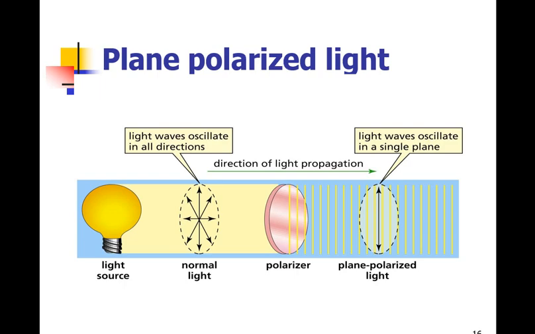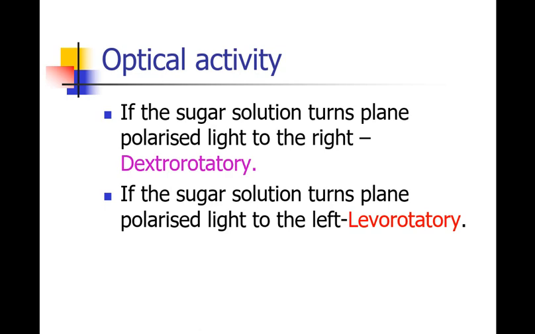When this light is passed through a carbohydrate solution, if the carbohydrate solution turns the plane polarized light towards the right hand side, then it is called dextrorotatory. And if the sugar solution turns the plane polarized light towards the left hand side, it is called levorotatory. So this is called optical activity.